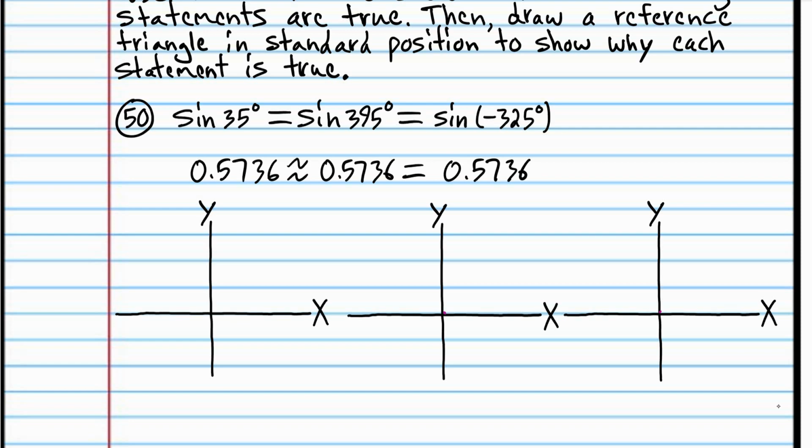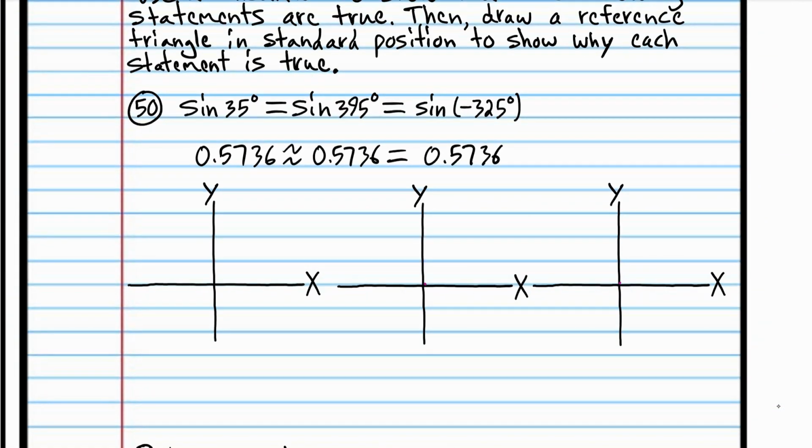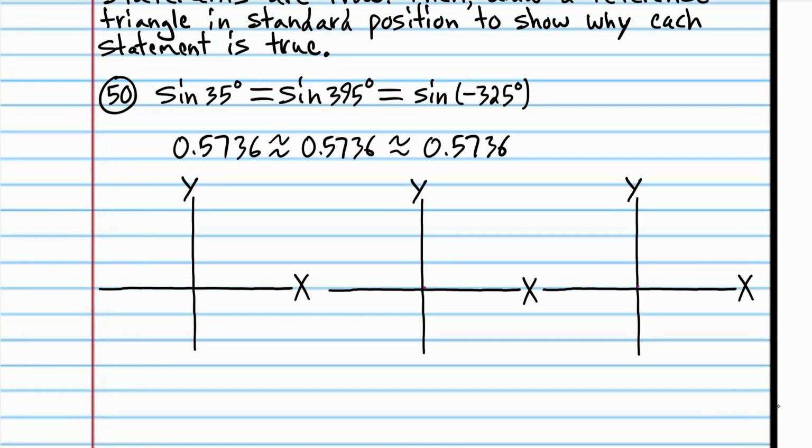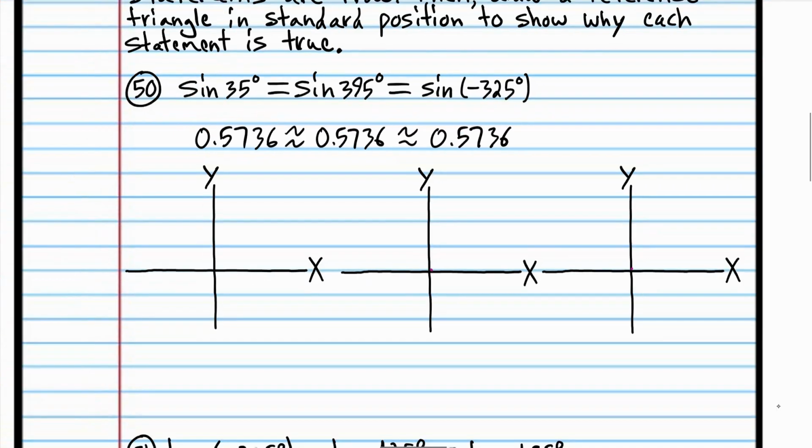That's why we care about coterminal angles. They all produce the same value. And that should be an approximately equal to symbol. These numbers are exactly equal to each other, but the reason we have approximately symbols is because the numbers are not actually 0.5736. We're rounding.